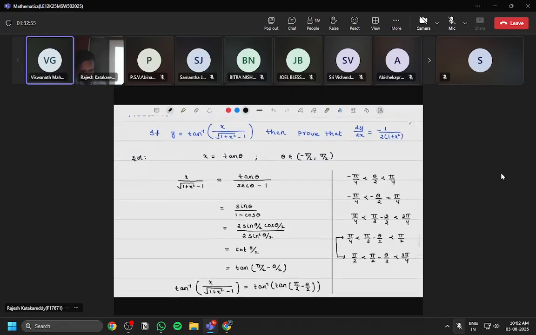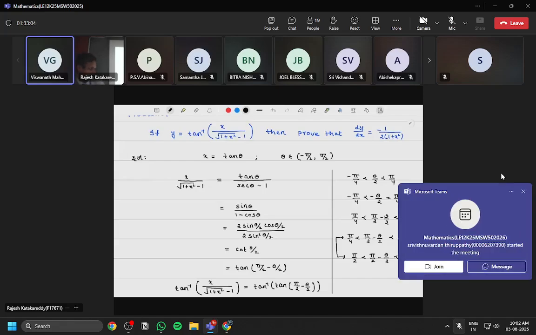Sir, how can we memorize that tan inverse tan x graph easily? Tan inverse of tan x graph. It comes from the solution of a trigonometric equation. Let y equals tan inverse of tan x.